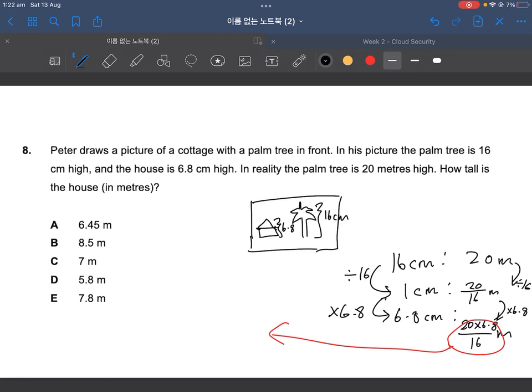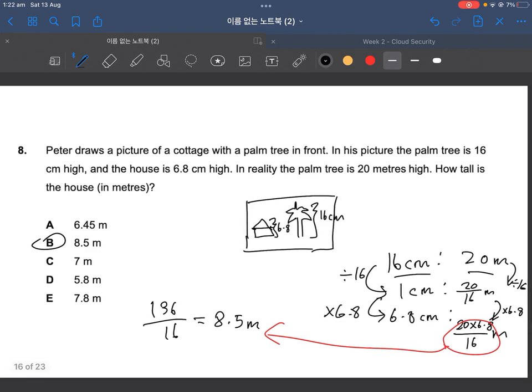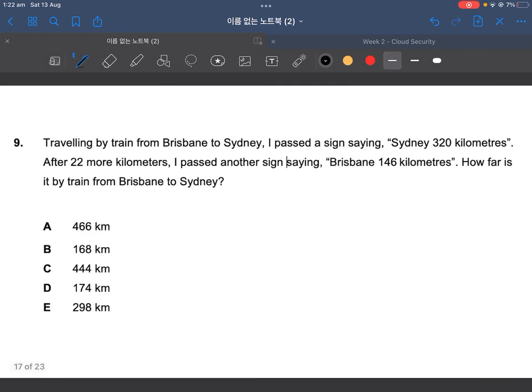It is 136 over 16. And that is actually equal to 8.5 meters. Okay? So the answer is B. Hopefully that makes sense. It's a lot easier once we do our ratios like this. Okay, 16 to 20 is the same thing as saying 1 centimeter to 20 over 16. It's just easier for us.